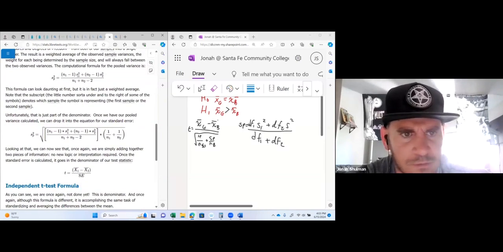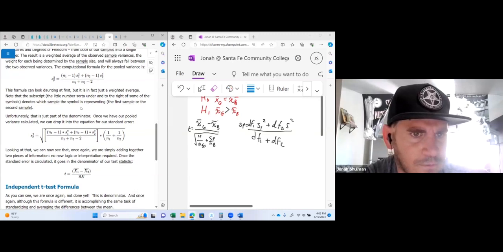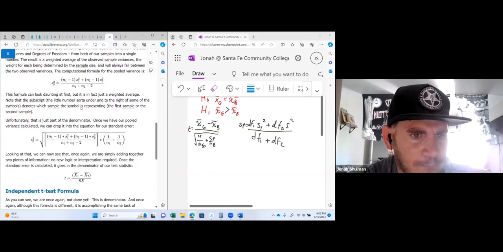Degrees of freedom 1, variance, degrees of freedom 2, and then that's minus 2. Yeah, so it's the same thing. It just depends how they write it. And then if we multiply that, we get this over the standard error, which is this business.